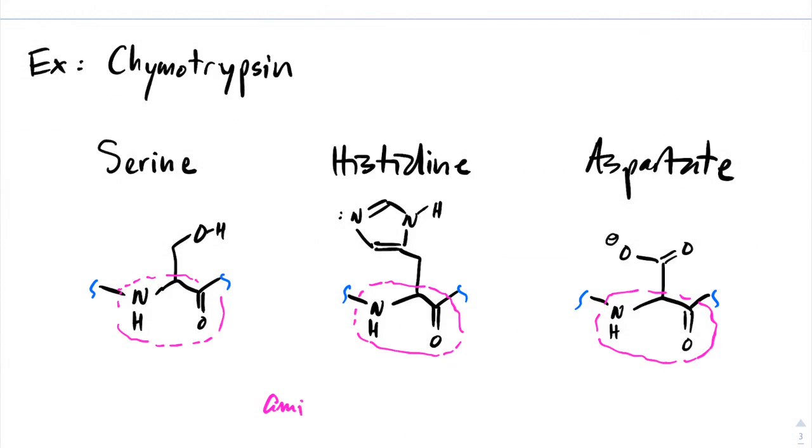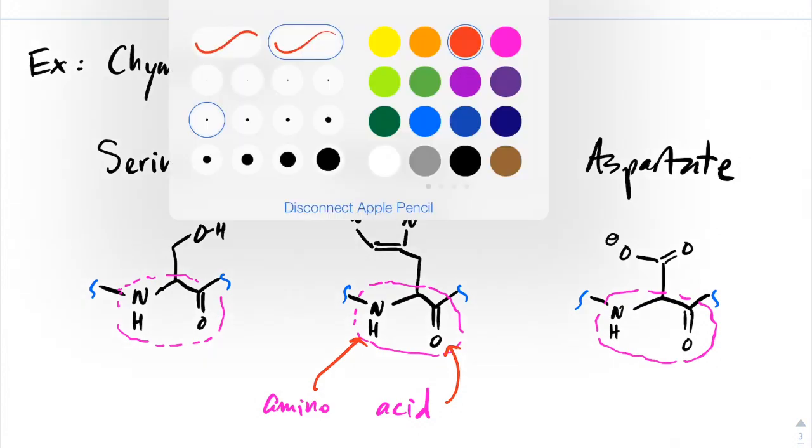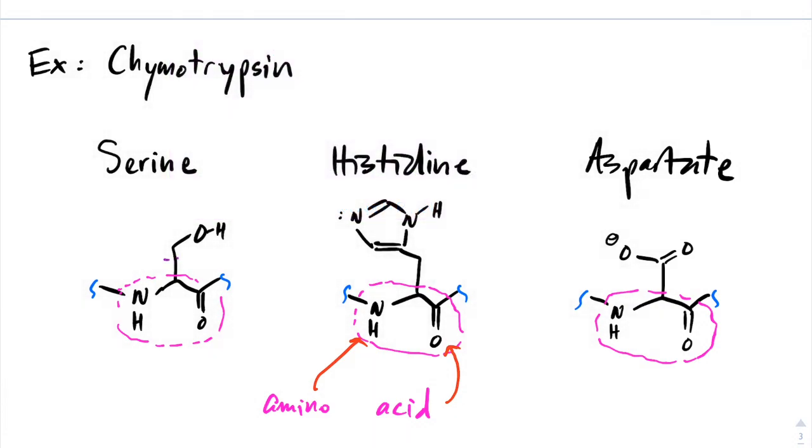So amino acid, so the amino comes from this nitrogen here, and the acid is this carbonyl on the other side. And we know that this part is our R group, so it's our functional group. So each functional group serves some purpose in our catalytic triad.